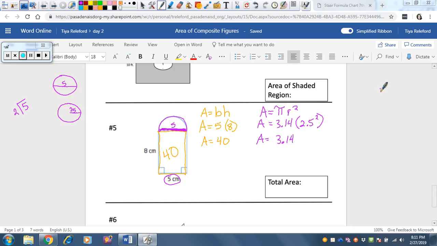So 2.5 squared, that's 2.5 times 2.5. Now guys, you're going to have 4 decimal places with this. I'm sorry, that's excessive, I know. But go ahead and multiply these last two together, and then you need to add. I'm going to need more room than that.